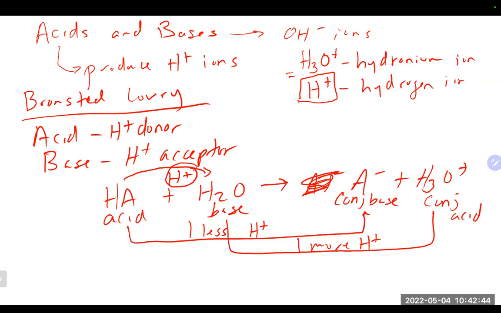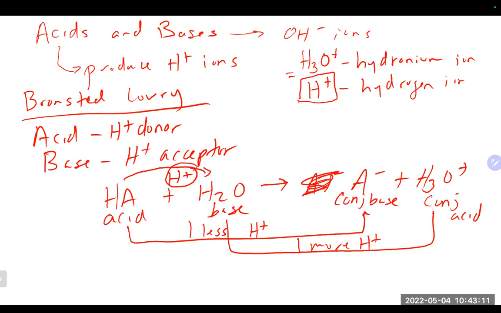So you do need to adjust the actual charges on the conjugate acid and base pairs. If it is more than one H plus difference, they are not related to each other, because it's always just one proton that gets transferred at a time. Any questions on that there?